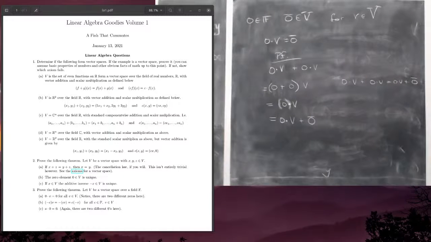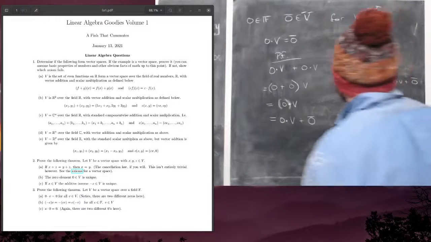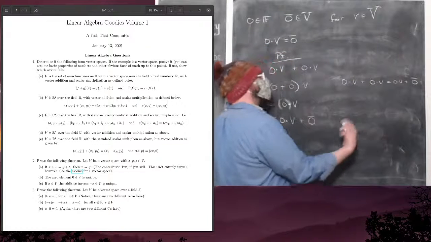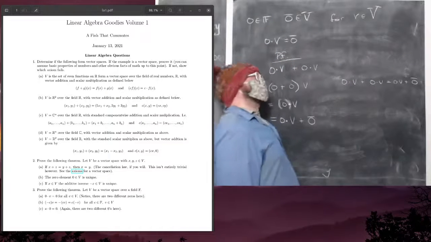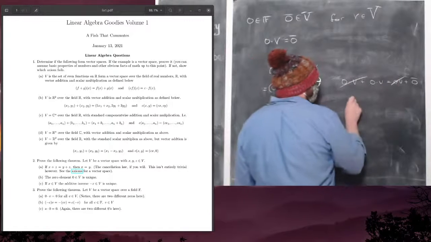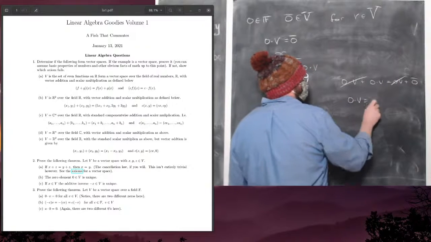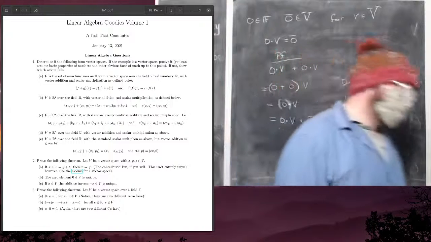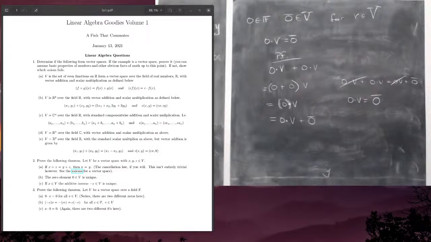How do we finish? Exactly what we did last time: cancellation laws. We proved that. That's why it was the premier theorem that we proved in today's exercise. We can use the cancellation laws. We have 0.v equals the 0 vector. Pretty standard stuff.